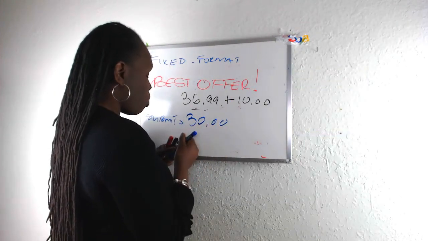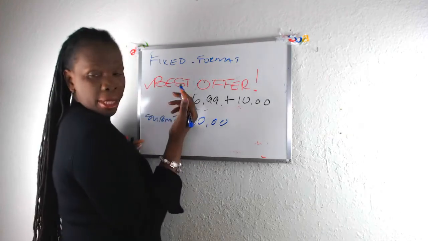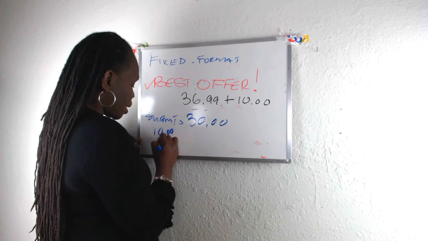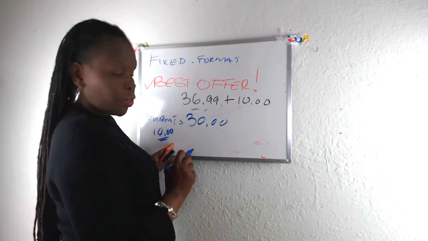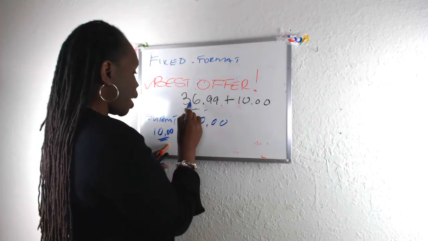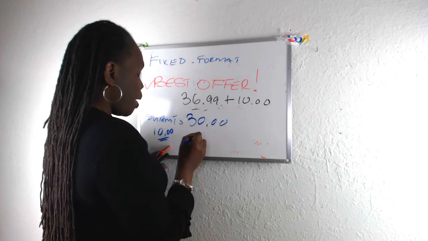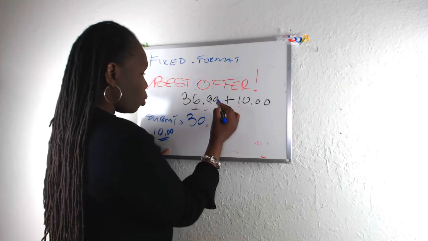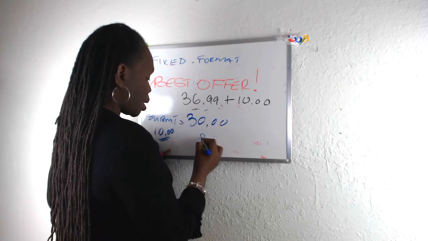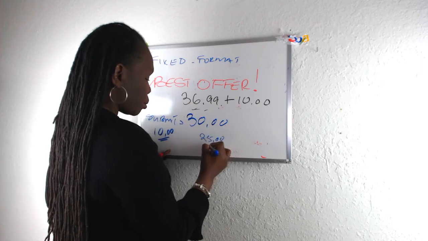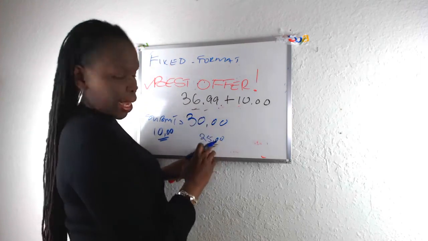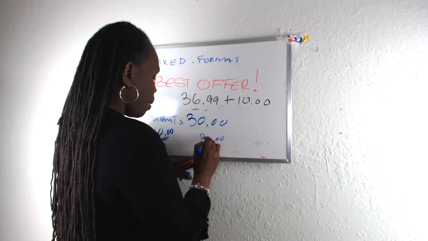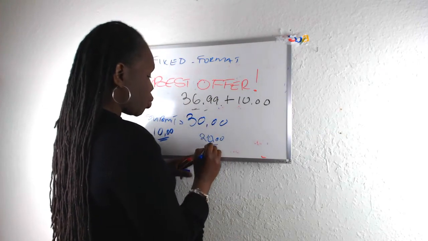Maybe you paid, let's say, tops, $10 for a pair of shoes at the thrift store, and you priced it at $36.99. But in the back of your mind, you know that maybe the minimum that you want for that pair of shoes is like $25, or let's say $20. Say the minimum you want is $20.